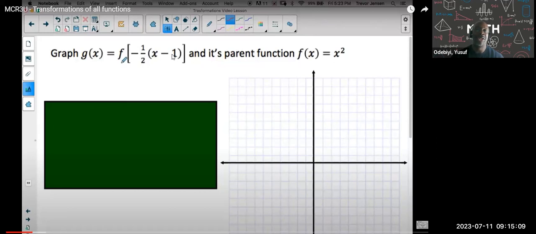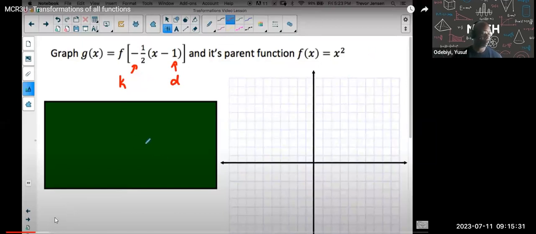And this one here is -1, which means it's going to move in the positive direction, to the right. I'm just saying it verbally, but we're going to see it all happen right now. It's f of x with parameters k equals -1/2 and d equals 1 applied to the parent function x squared.